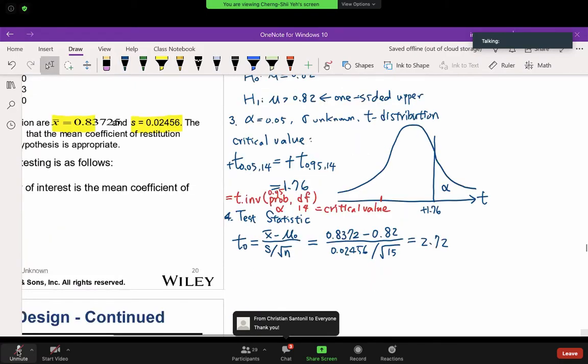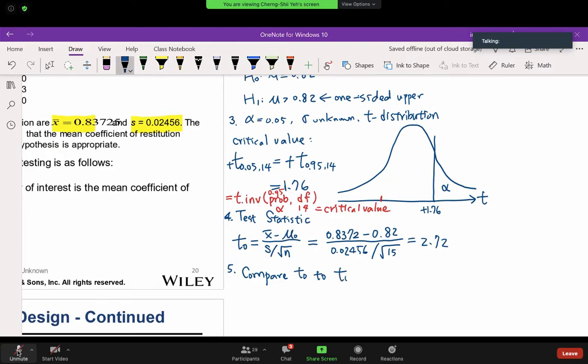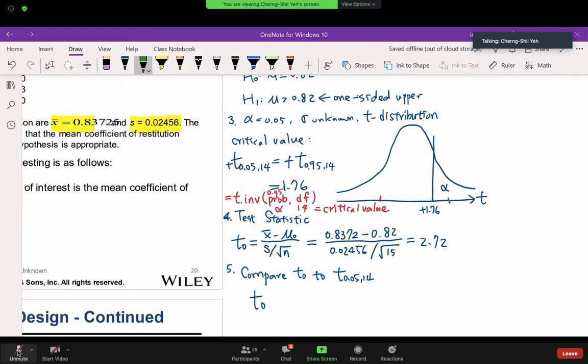Now let's draw our conclusion. Our conclusion is to compare the test statistic to the critical value. My T statistic is here, a little higher than here, 2.72.